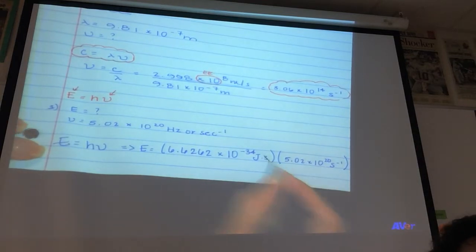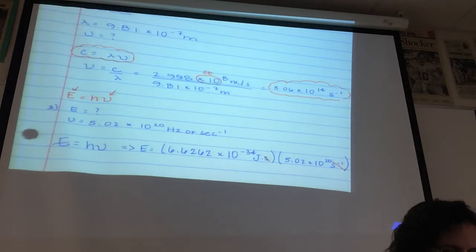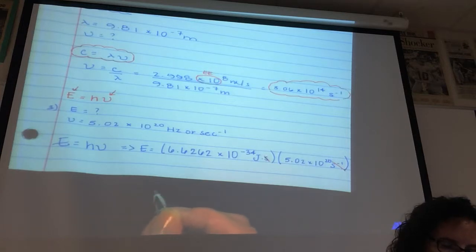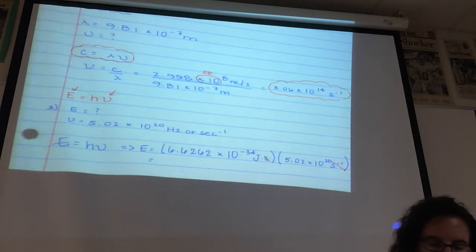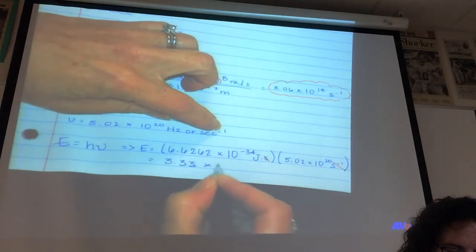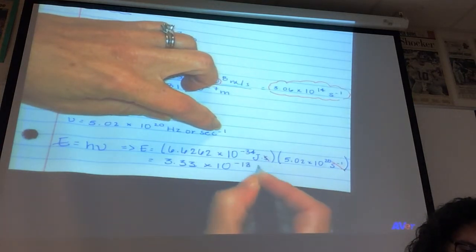The seconds to the negative 1 cancels, and I'm going to multiply those two quantities. And again, EE instead of times 10. And I have 3.33 times 10 to the negative 13 joules.